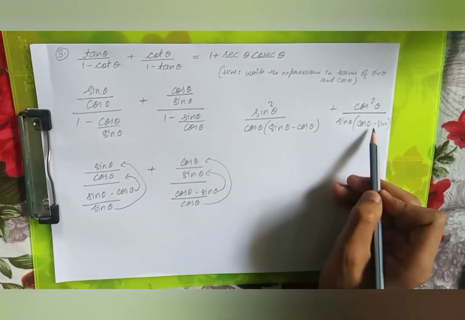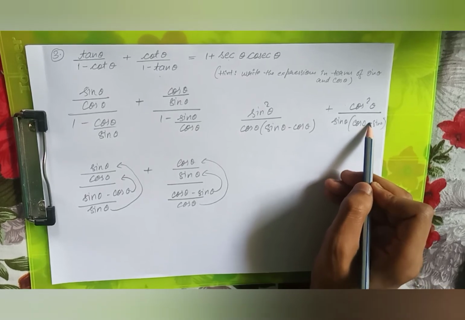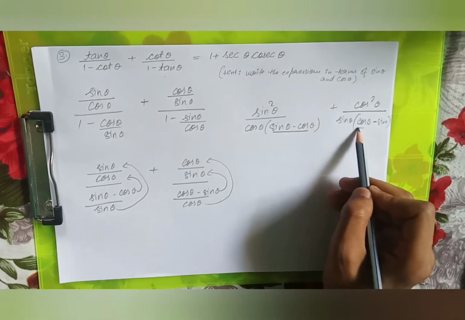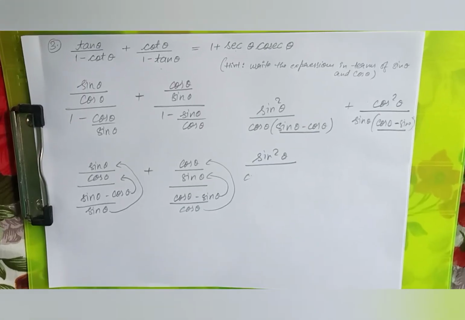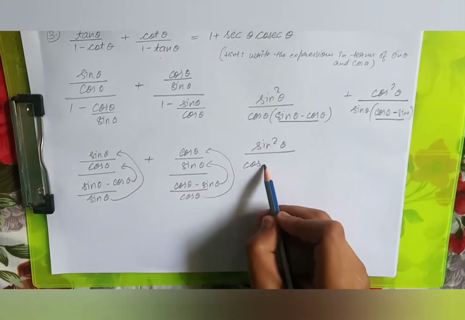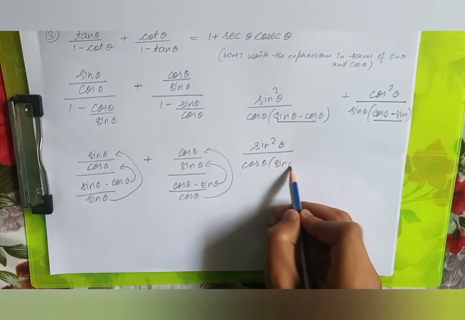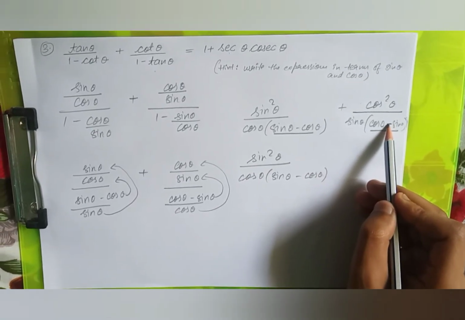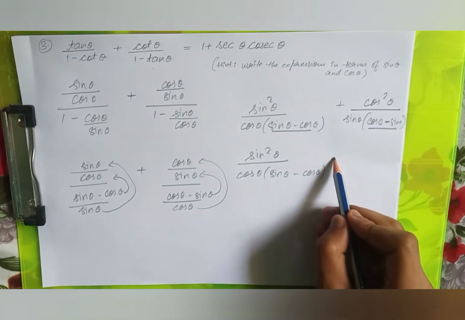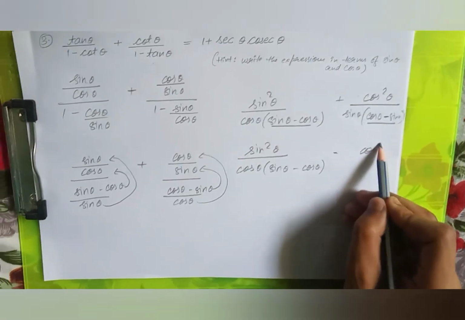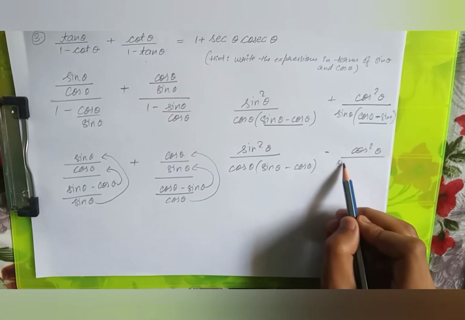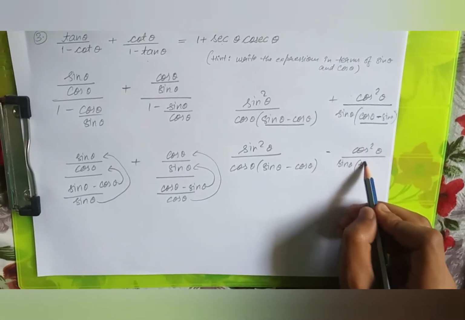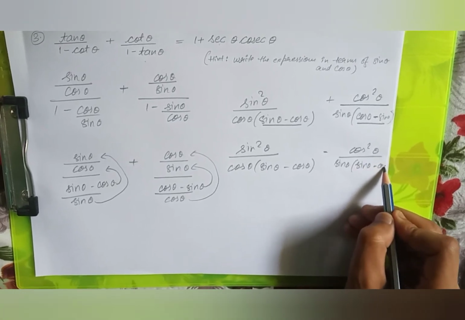Now taking minus term common from this will become same as this. So now here we get cos theta, this sin theta minus cos theta. We take minus common from this term, so this will become minus, and this will become cos square theta. This is sin theta, that will become sin theta minus cos theta.